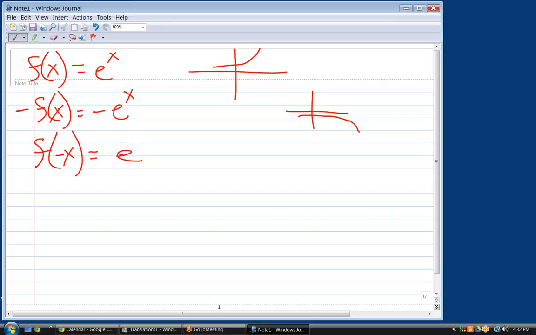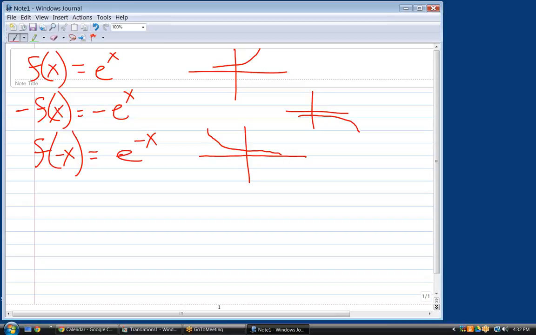Oh, e to the negative x. That's a big important concept. What kind of reflection is this? Reflection over the y. So I'm going to take the original curve and reflect it over the y. Those are your two reflections.